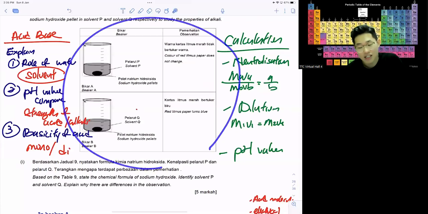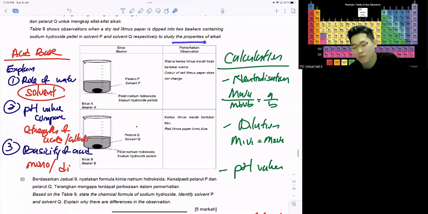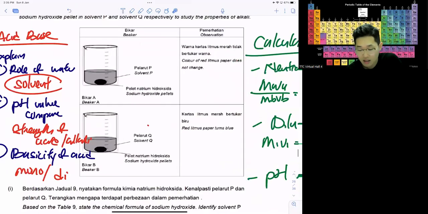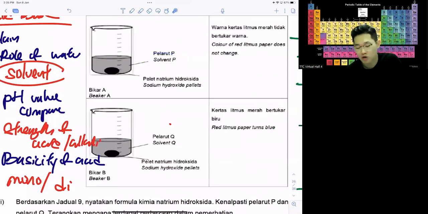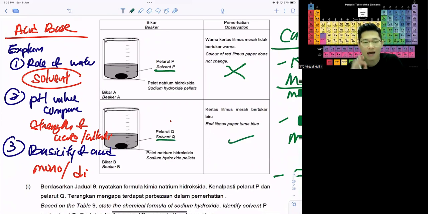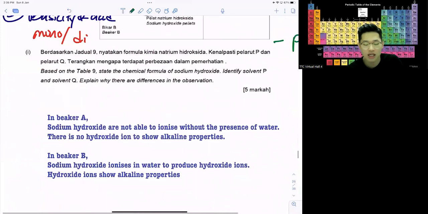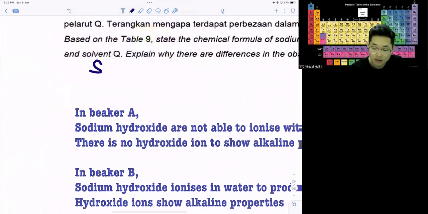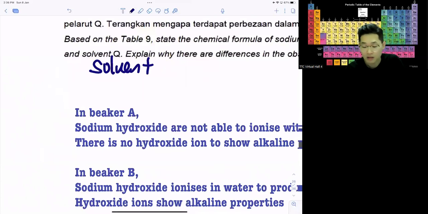So when we look at this question, they want to study the properties of alkaline. Solvent P, sodium hydroxide. Color of red litmus paper does not change. So you see, they are telling you that this one has no property with solvent P. Red litmus paper turns blue, has property with solvent Q. Every time you see a solvent question, just remember these two types.